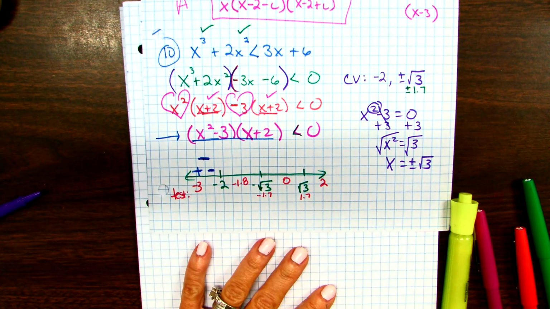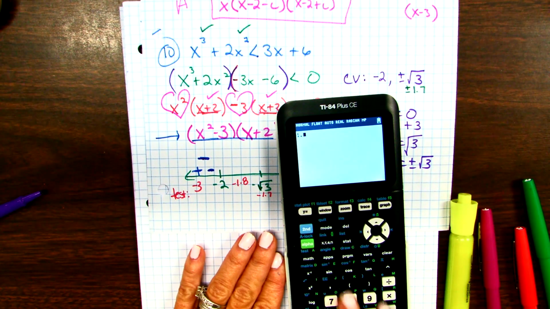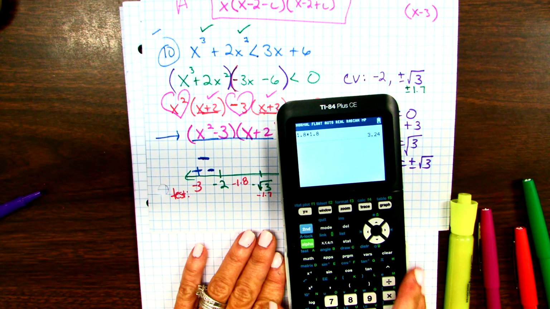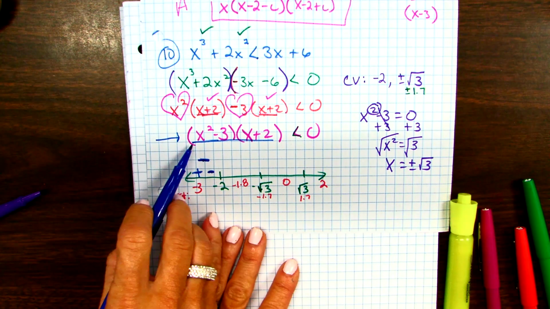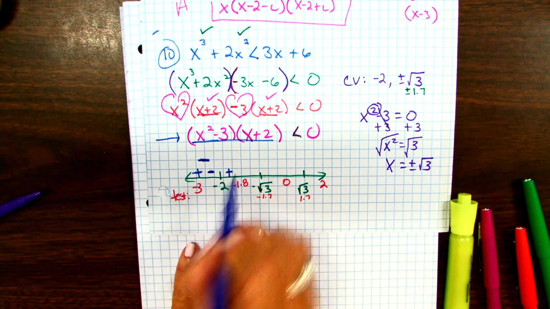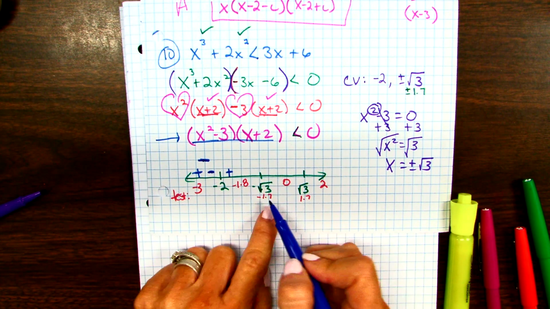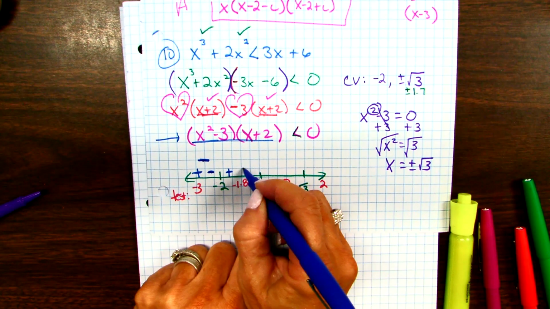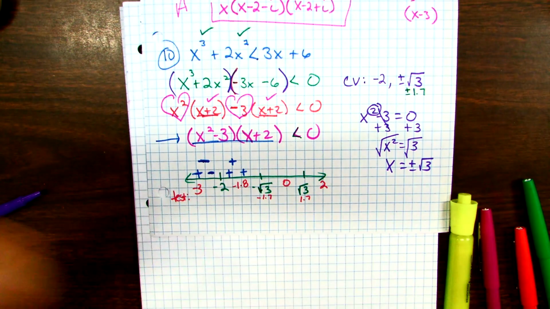So, you know, it's a calculator problem. What's 1.8 times 1.8? 3.24. So when I square negative 1.8, I get 3.24, minus 3 would give me a positive answer. Negative 1.7 plus 2 would also give me a positive answer. And you can use your calculator if you need to. 2 positives make a positive.